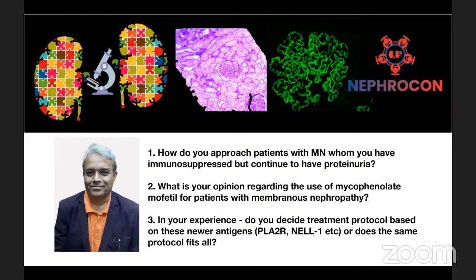In cases where mass spectrometry was run on these so-called dual positives on IHC, only one antigen has surfaced. So there is a very high fidelity of antigenic expression. In my personal opinion, I don't think there is any true dual positivity of target antigen. It is one antigen which is dominant and responsible for the disease.